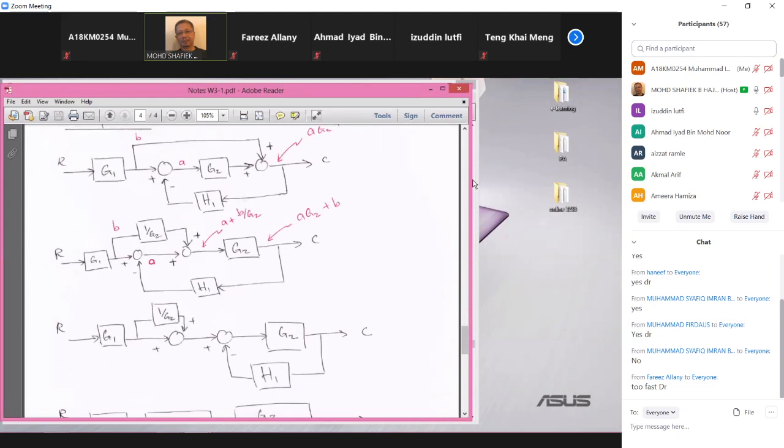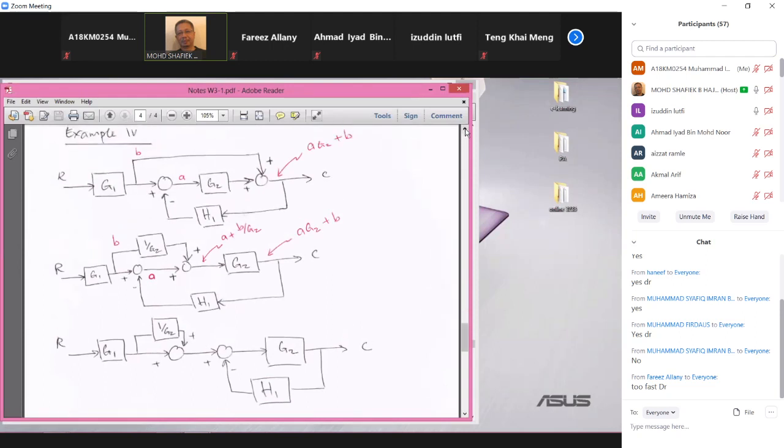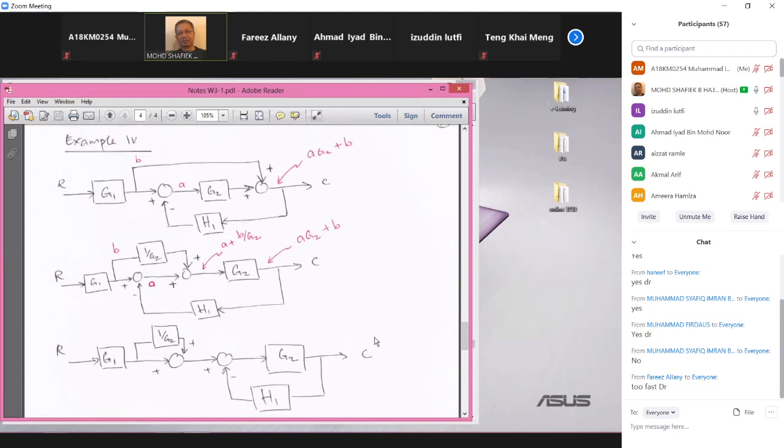Okay, this is an additional example that I have come up with sometime this morning. So let's say you want to simplify this block diagram. This is quite complicated.